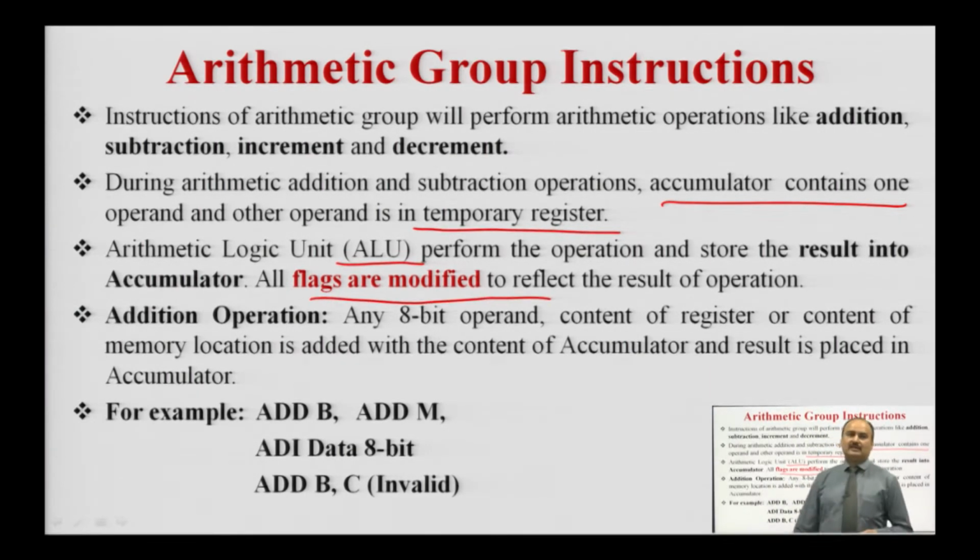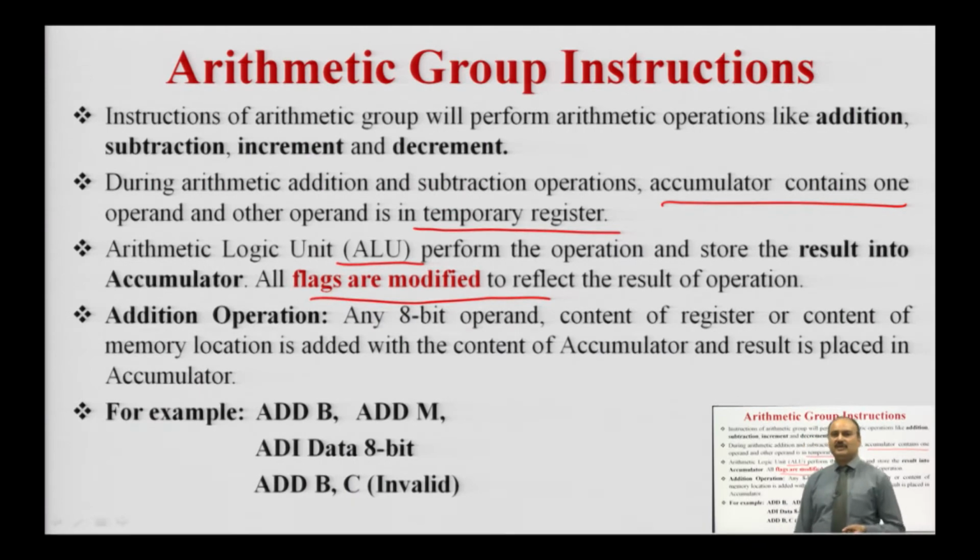In the case of the data transfer group, no flags are modified because the processor will only transfer or copy the data from source to destination. But here in the arithmetic group, the processor will perform the arithmetic operation between the two data present in the accumulator and one of the registers specified with the instruction.